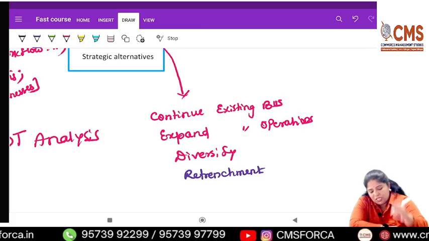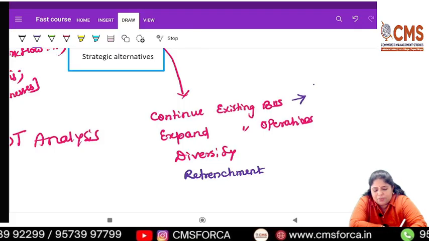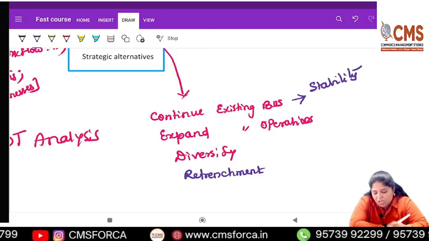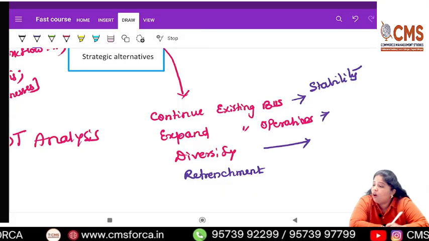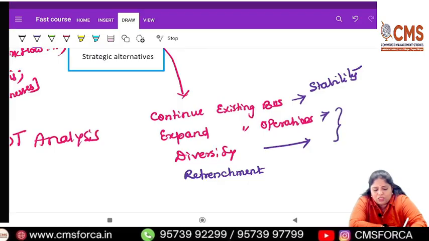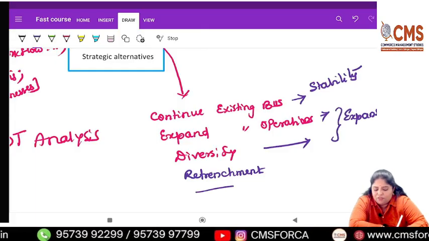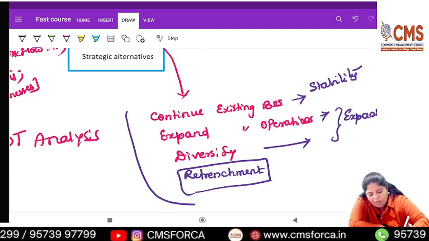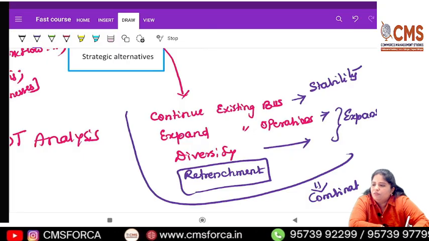Right? So now, if an organization decides to continue in the existing business, can I say it's a stability strategy? If organization decides to expand their operations or diversify, both come under expansion, and the final option they have chosen is retrenchment, or they can even go for combination.